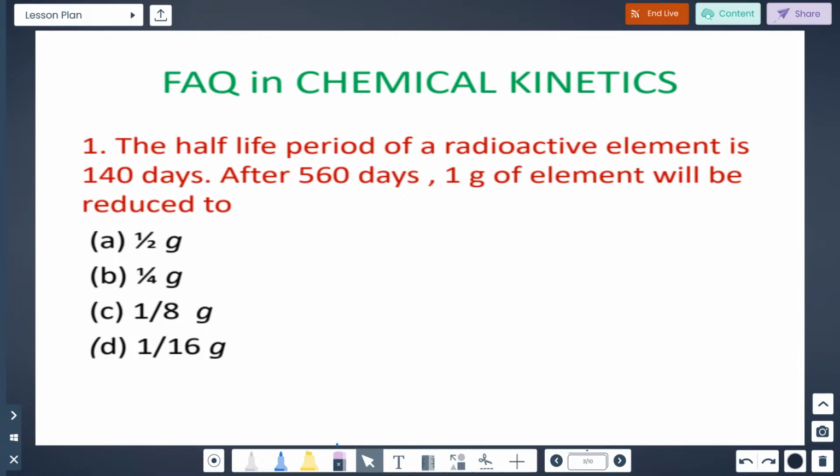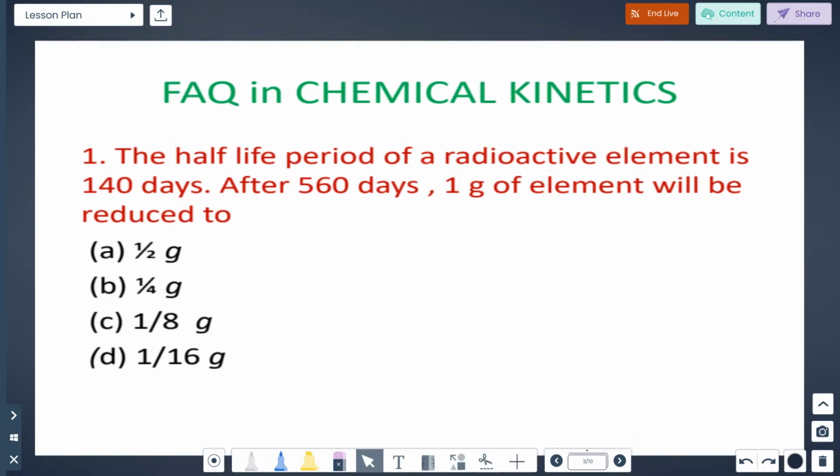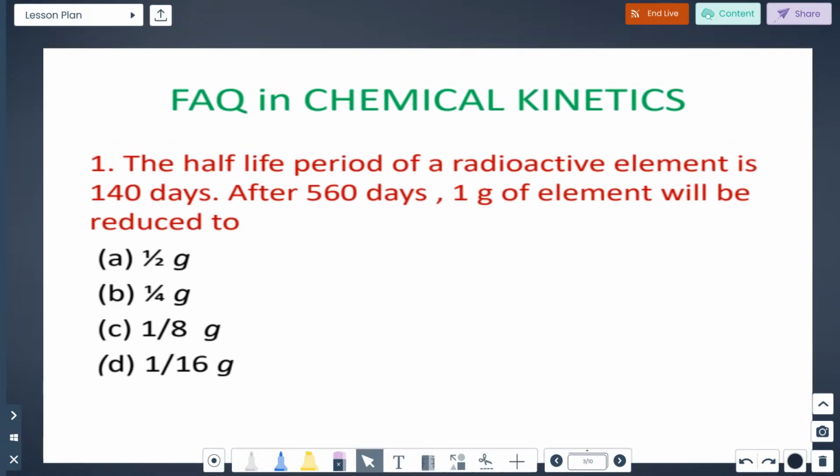It is represented by the symbol T half. That's called half-life period. Now see, they have given 1 gram of the element, and after 560 days, what happens to it?